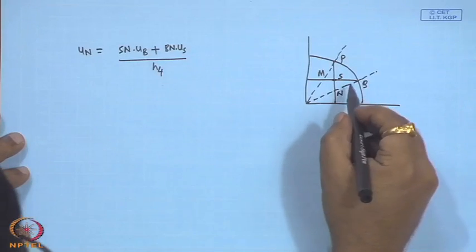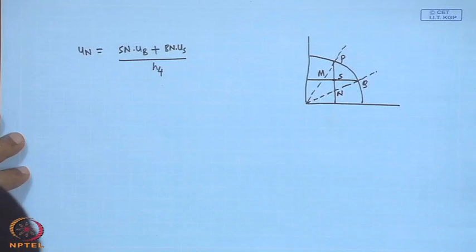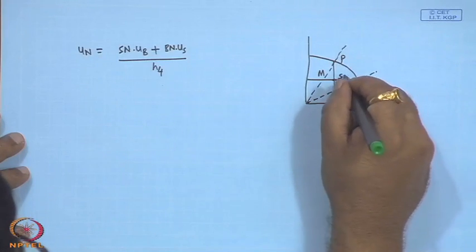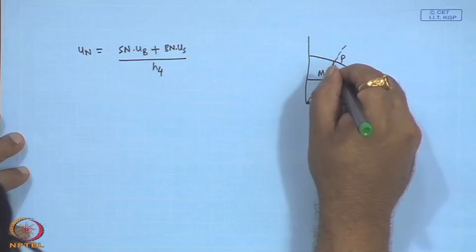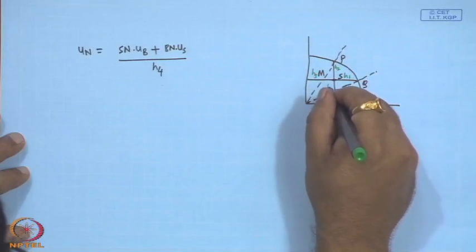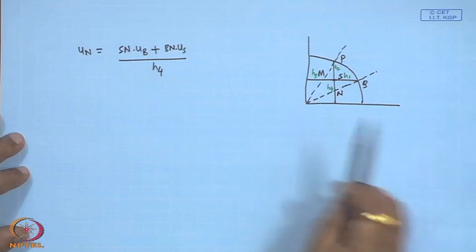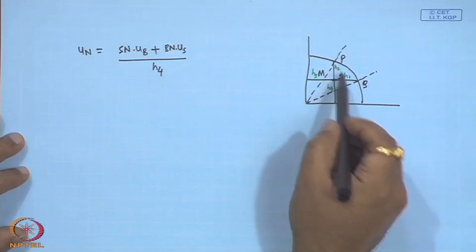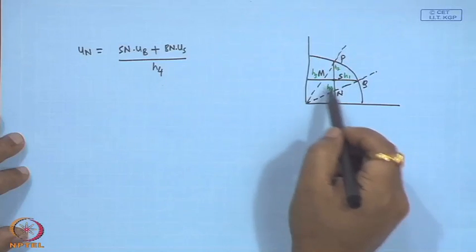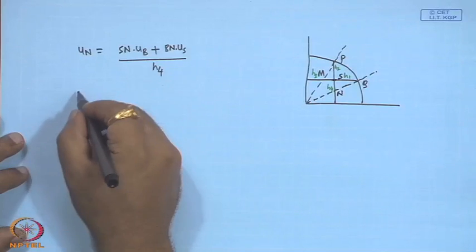So, this is an interpolation. So, this arm is H1, this arm is H2, this arm is H3 and this arm is H4. So, H1 is equal to H2, H3 equal to H4. So, this is by usual interpolation.